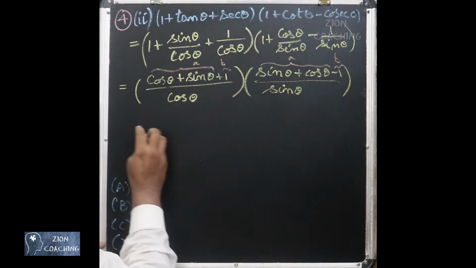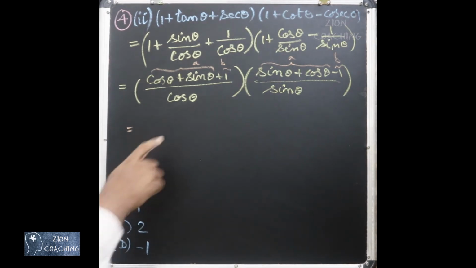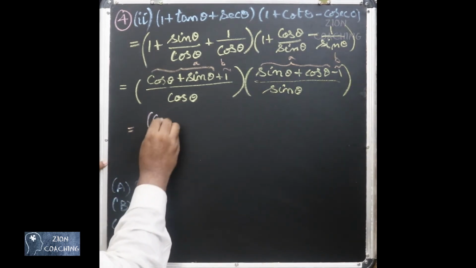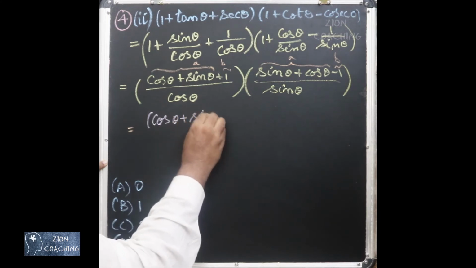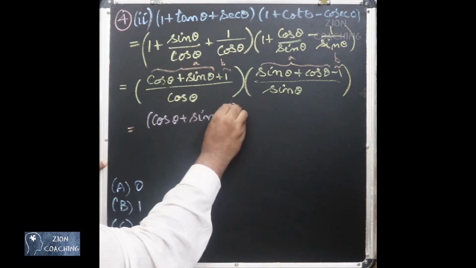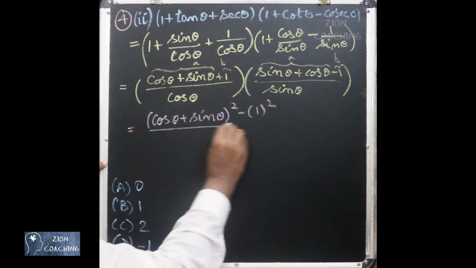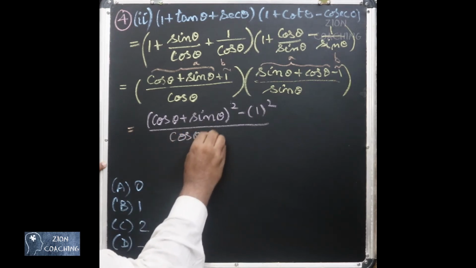So we can use the formula a squared minus b squared when we are multiplying. So we are going to write this as cos theta plus sin theta, which is your a value, the whole squared minus b squared, divided by cos theta sin theta.